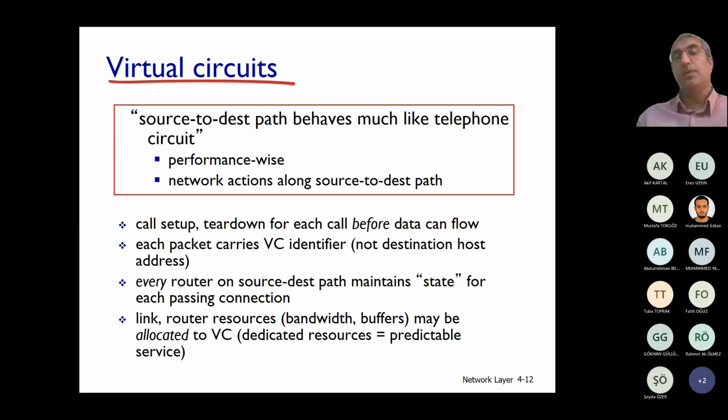Okay, let's study the details of virtual circuit networks. Originally, these were developed for telephone circuits. I don't know if you remember the landline, the wired telephone at your home or office.